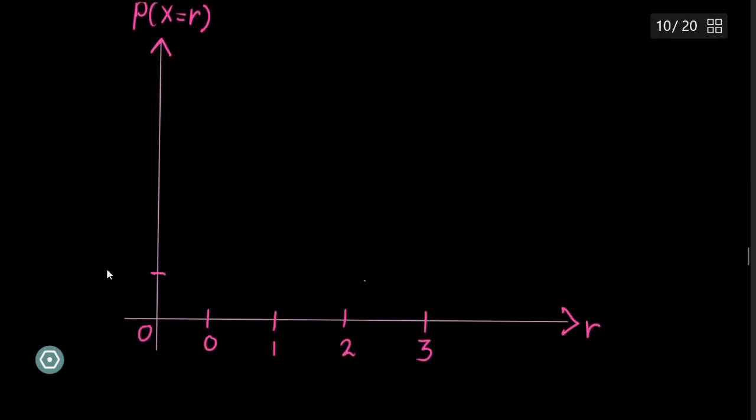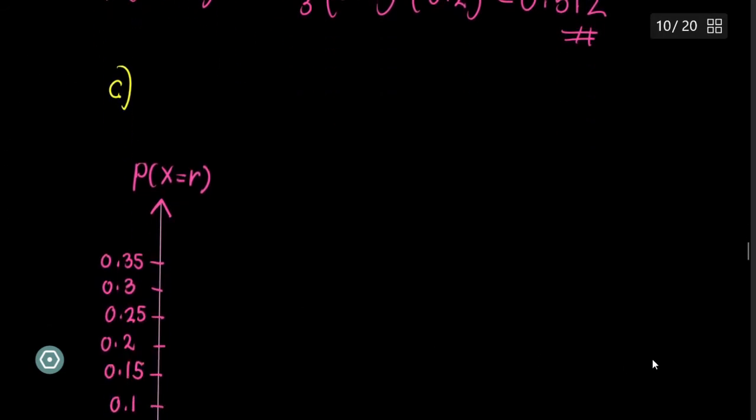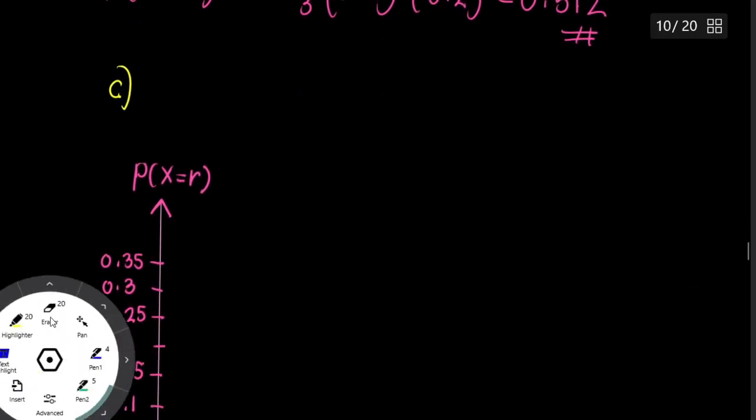So 0.05, 0.1, 0.15, 0.2, 0.25, 0.3, 0.35. How much do I have? Until 0.5, right? I think I need to make it slightly longer up here.